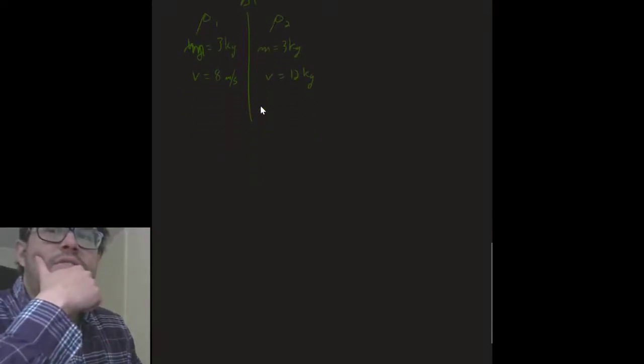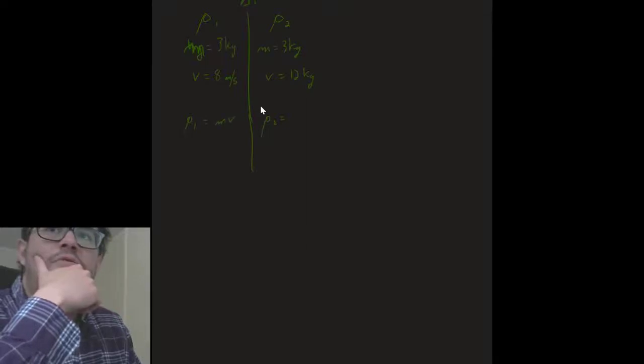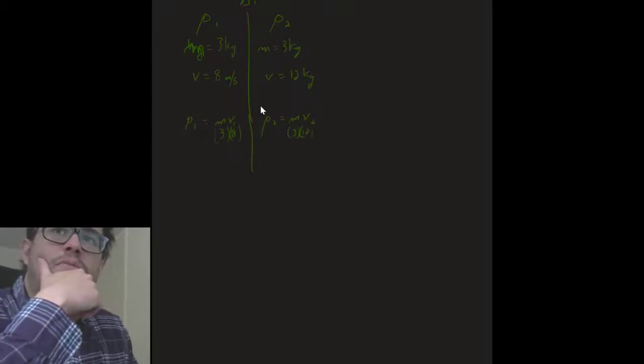So we could ask, what's the momentum here, and then the momentum here, which is mv1 and then mv2. This would be 3 times 8, and this would be 3 times 12. So all I'm doing is a quick example for you.